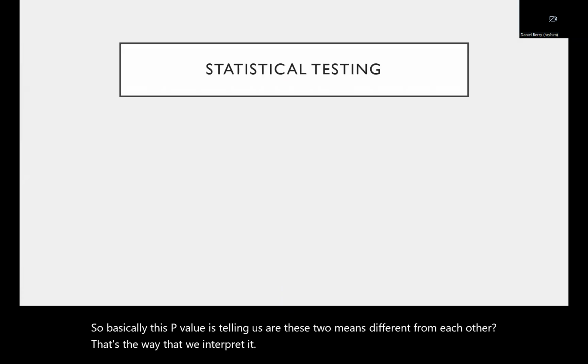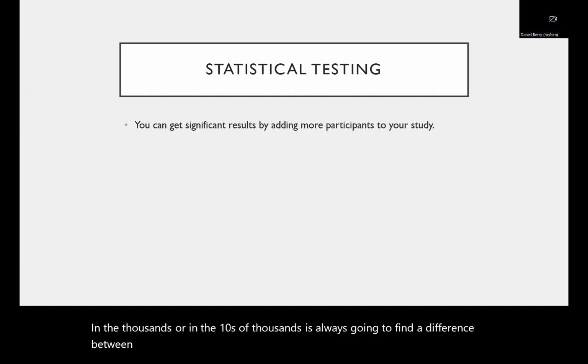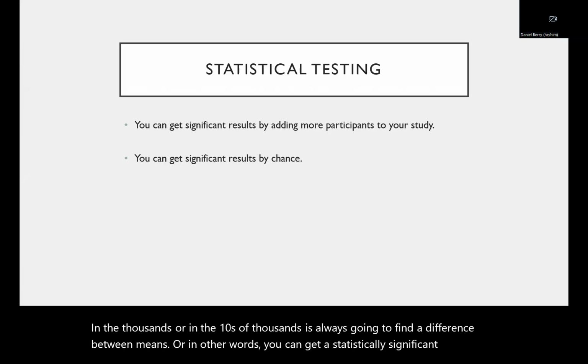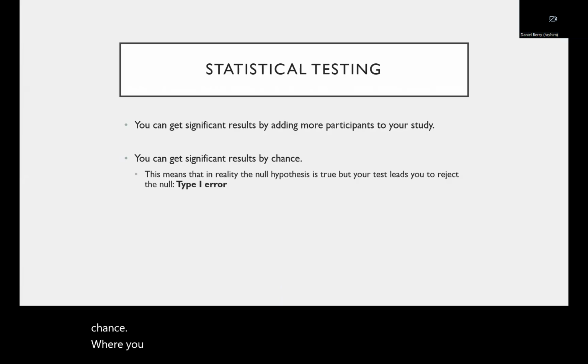But there are some downsides to that. A study that has a significantly large sample size, in the thousands or in the tens of thousands, is always going to find a difference between means. Or in other words, you can get a statistically significant result by chance, where you have a false positive.